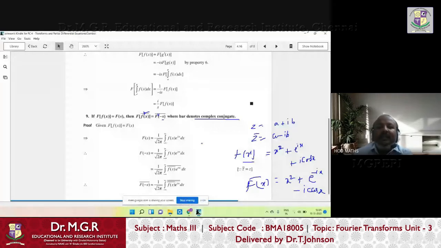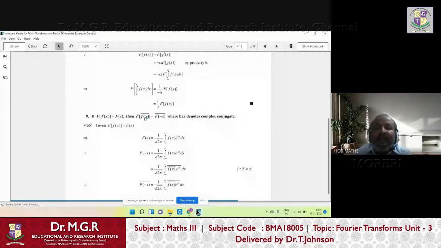So now it tells the relation between the complex conjugate of a function and its Fourier transform. The statement says, if you want to find the Fourier transform of the complex conjugate of a function, find F of s first, change s to minus s, and then find the complex conjugate of the resulting function.